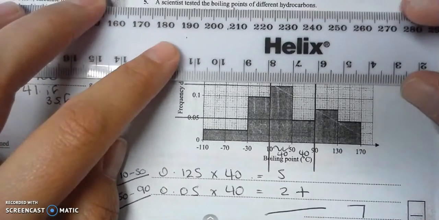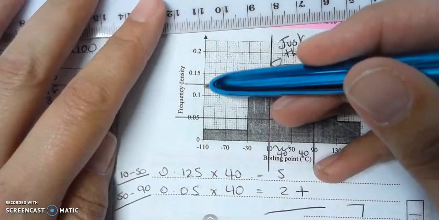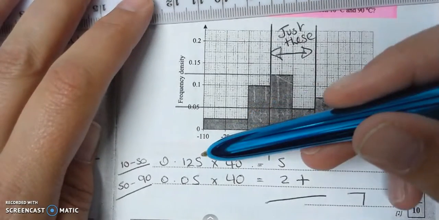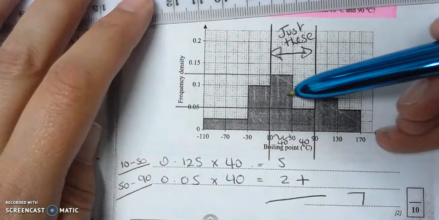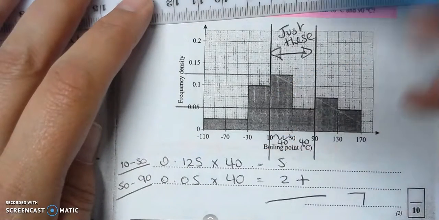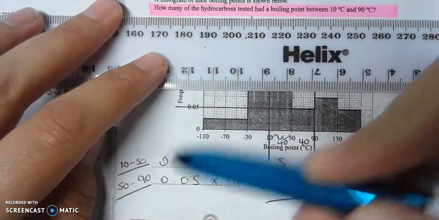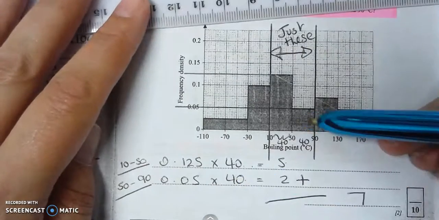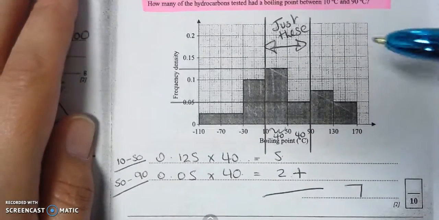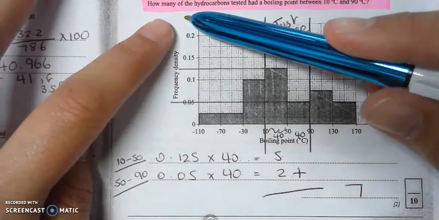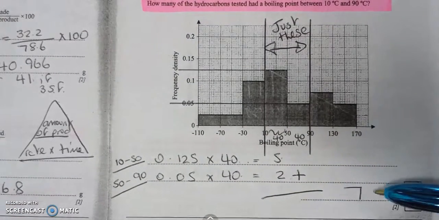So if I use my ruler to go across and I draw a line and I now count up the blocks, I can work out that that's 0.125, but it represents 40, so that times that equals 5. And then if I do the same again for the second one, go across, the answer is 0.05 times 40, again, because that's how wide the block is, equals 2. 5 add 2 equals 7. Because it says how many of the hydrocarbons tested, the chances are it was always going to be a whole number, and in this case it is.